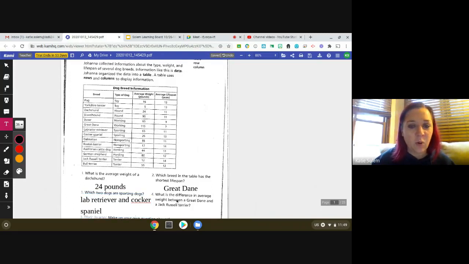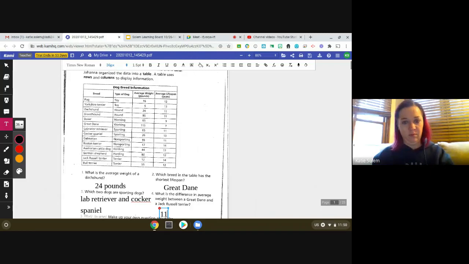Now my final question says, what is the difference in average weight between a Great Dane and a Jack Russell Terrier? Whenever you see that word difference in a question, it's asking you to subtract. So it wants to know the difference between a Great Dane weight and a Jack Russell Terrier weight. Great Dane's average weight is 115, minus, what is a Jack Russell Terrier?